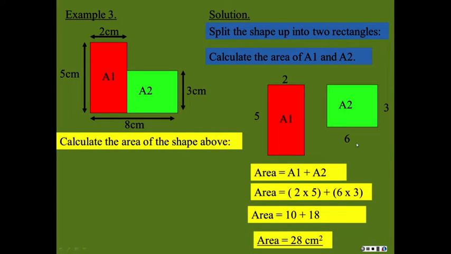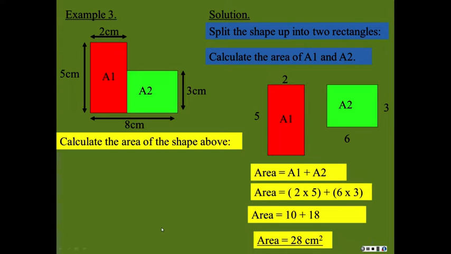We got 6. We plugged that into our strategy. 2 times 5 gave me 10, and 6 times 3 gave me 18. I add the 2 areas together and got 28. Then I made sure that I wrote down the correct unit. In this case, it's centimeters, and I squared it because we're talking about the area.